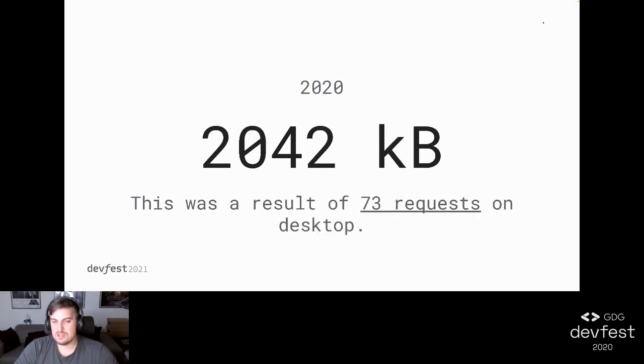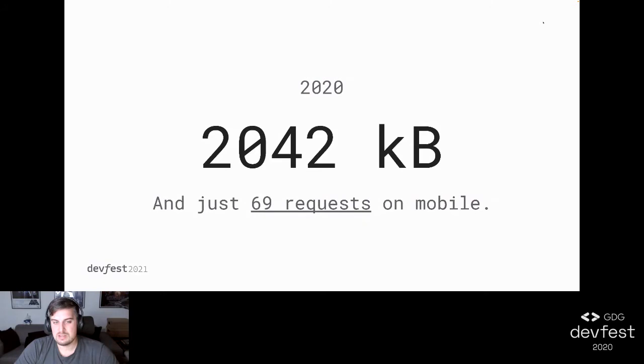This number comes from 73 requests on desktop, which is not so much more than what we had 10 years ago, which is just 68 requests. But the big difference is there's 69 requests on mobile. So that's a whopping number, right? Compared to how many requests we've done 10 years ago. But this is, of course, how technology has shifted over this time period.